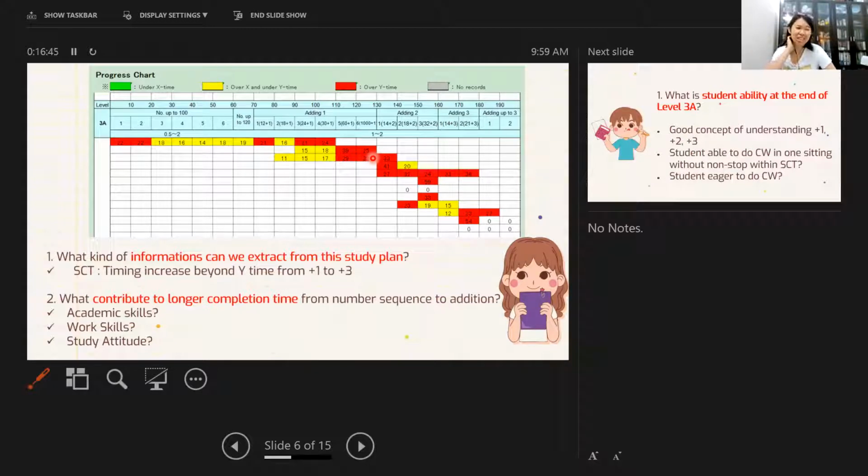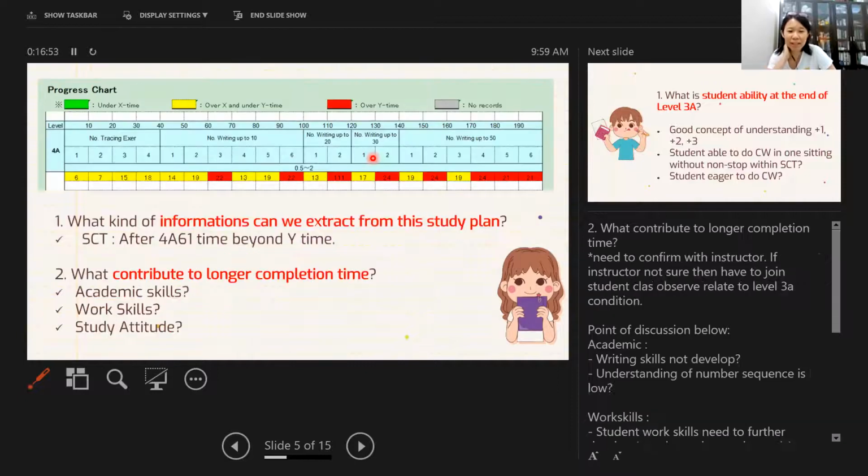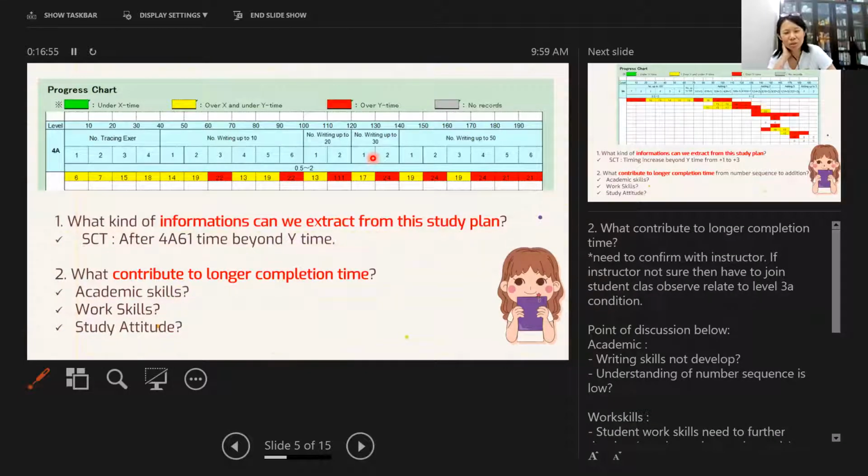That's why I still started him at 4A1. That was my purpose. So in 4A, we noticed that some of the worksheets were still beyond the Y time. Most of my teachers say that his pencil holding leads to this because he can't write very fast.